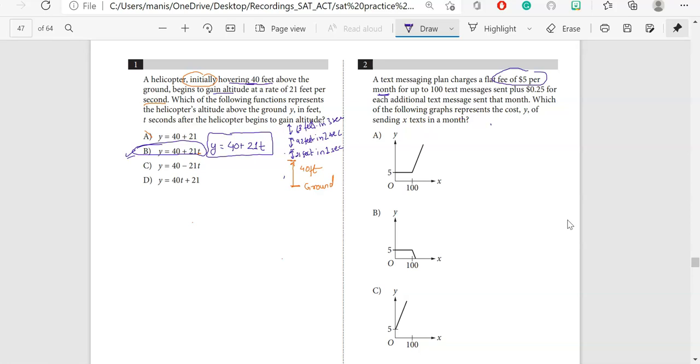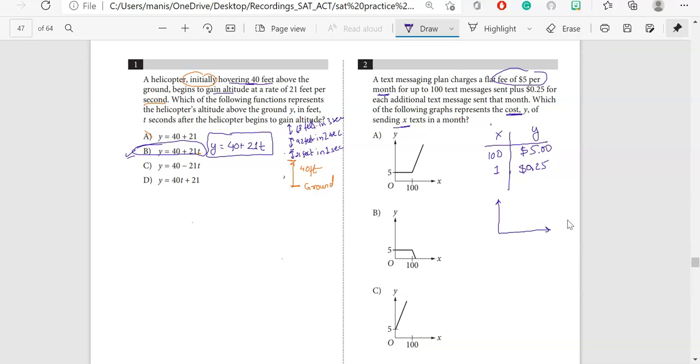Which of the following graphs represents the cost y of sending x text messages? If I draw a table, this is my x, this is my y. For 100 texts, it is only $5. After that, for each text the plan charges 25 cents. So it's very simple.